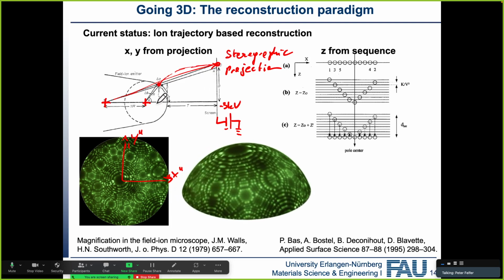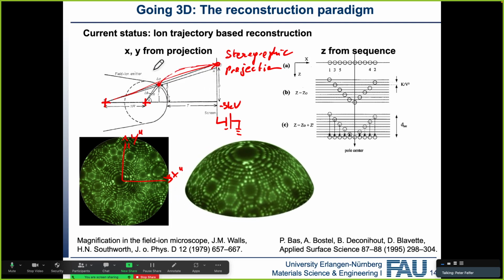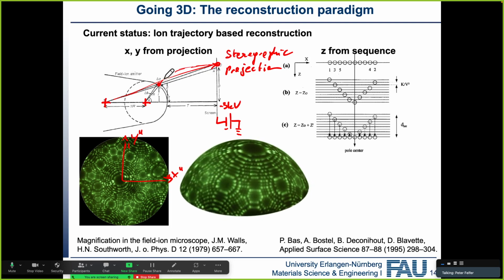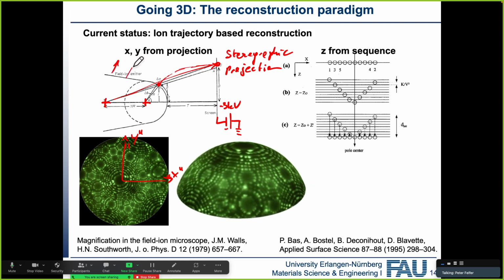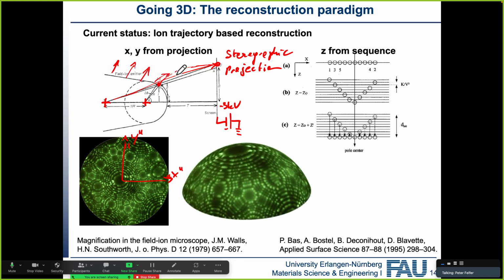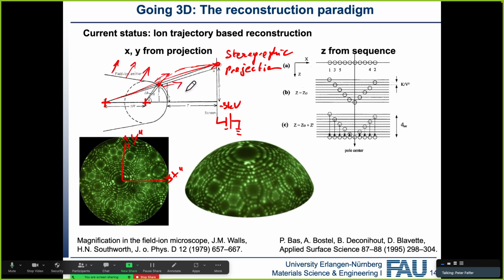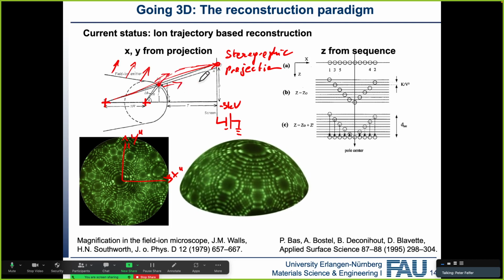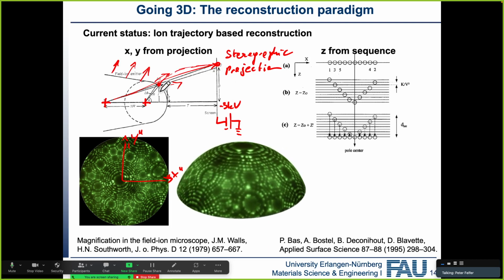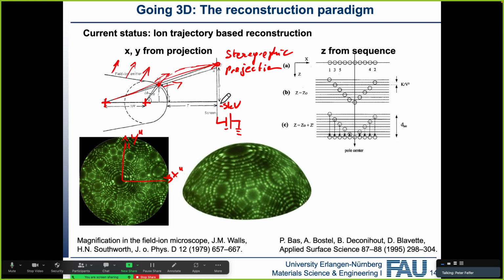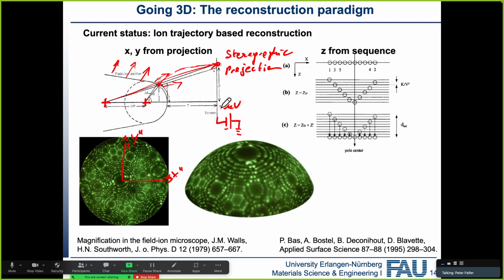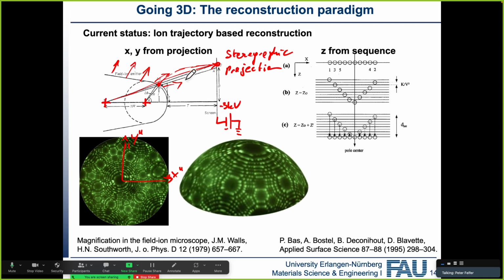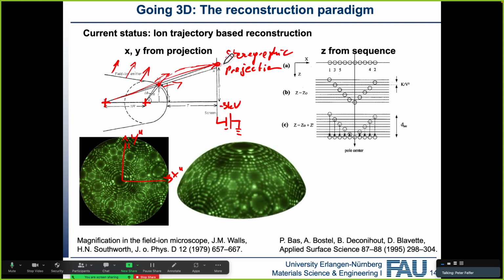Otherwise, if it's completely potential free, then they just get repelled a little bit from the fact that the field here points straight outwards and eventually points a little bit more towards the front. And this is also why there is some compression here as well. These two things contribute to what we call the image compression factor, and we'll talk about that later because that sort of determines the image that we get.